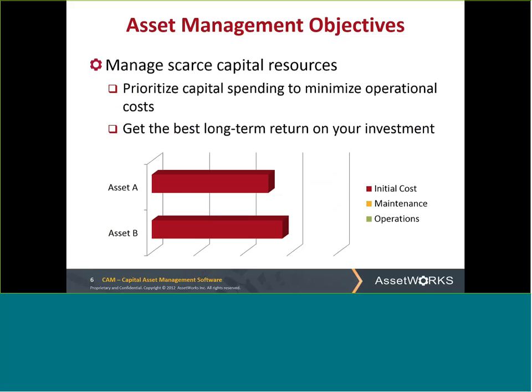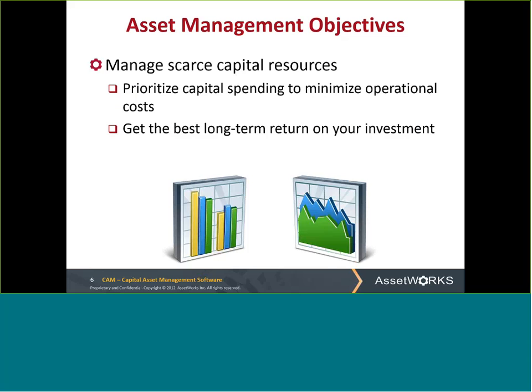Two assets may be similar in value, or one asset may cost more to obtain. But when we combine in maintenance costs and operating costs, we may find that an asset that is less expensive to purchase might be more expensive to own and operate in the long run. And so life cycle cost analysis gives us a tool to help us manage those decisions.